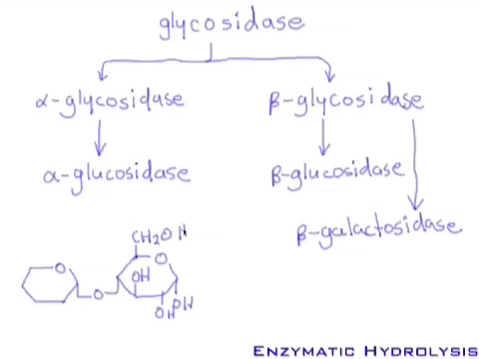And so I'm going to draw alpha lactose. Alpha lactose, remember, has a beta 1,4 linkage, so I better fix that, eh? A beta 1,4 linkage from a galactose to a glucose. And so what I've drawn here is alpha lactose.